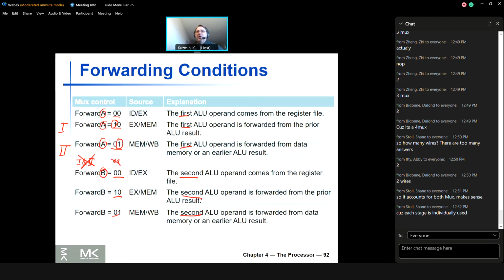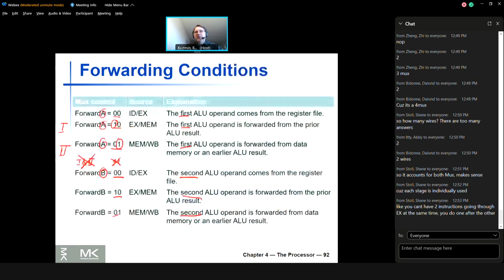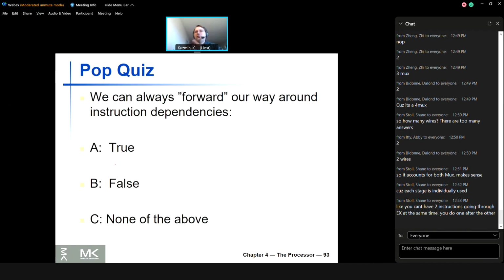So 1 1 would not be a valid state for our forwarding control signals. Think about it as implementing forward A and forward B: you need to make sure that there is no way forward A and forward B can be 1 1. Is it currently possible? We shall see.